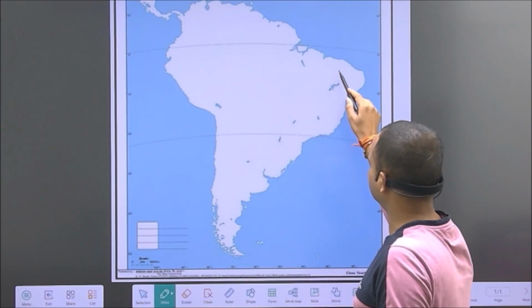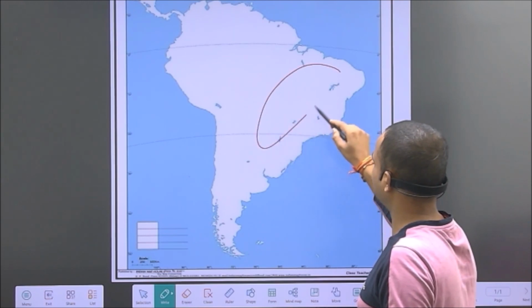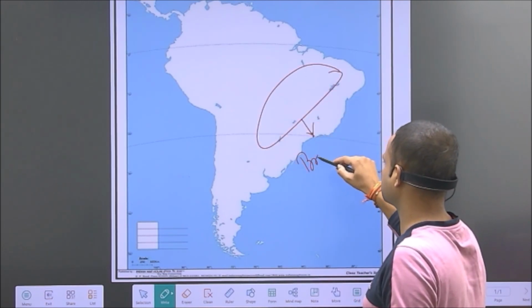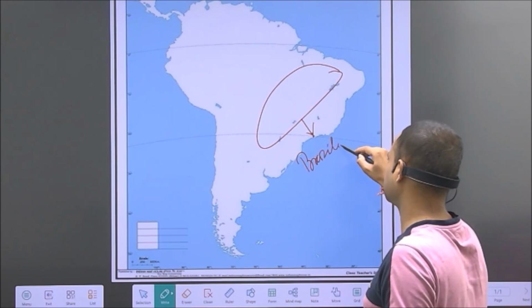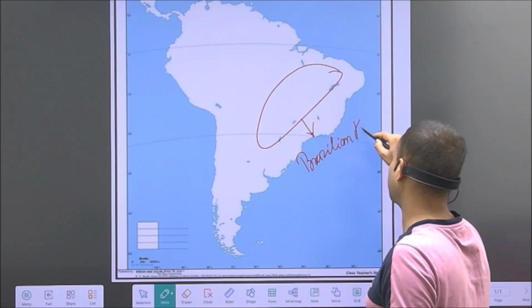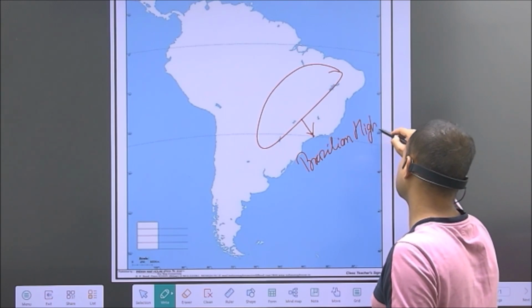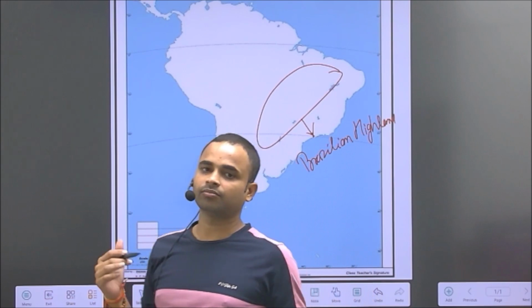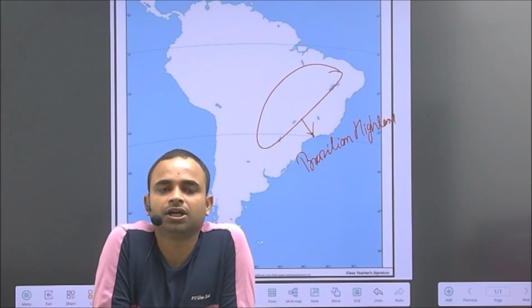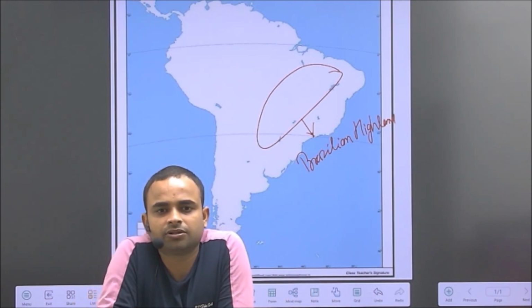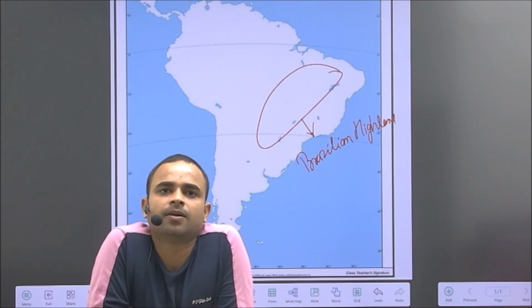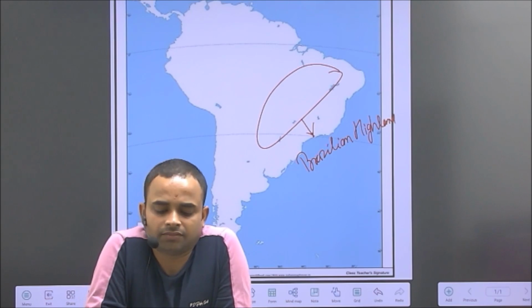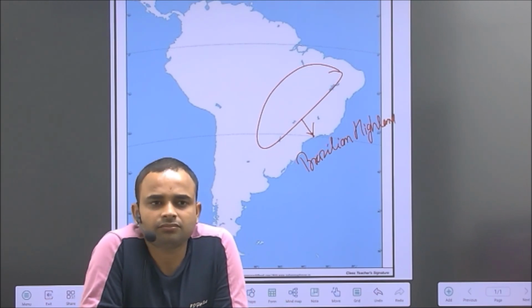Here you can see Brazilian highland. Brazilian highland is very important for South America because of minerals, coal and iron ore in large amounts.